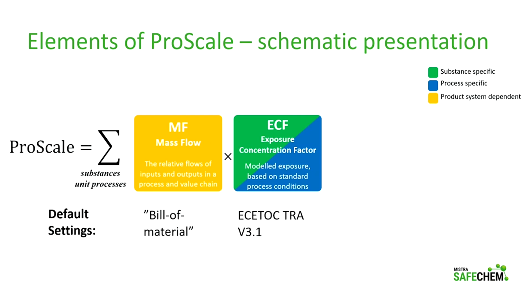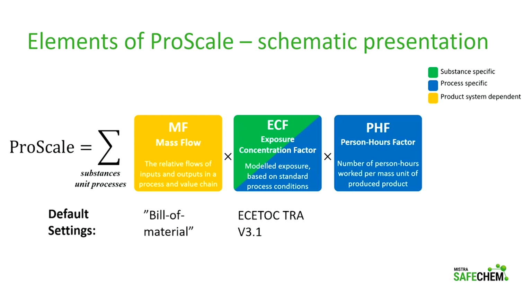So that's the European Center for Toxicity, which is essentially an association with many of the big chemical industries as members, and they have a tiered risk assessment approach, TRA, and we wanted to build on that because it's also accepted in the exposure scenarios that are mandatory to report under the REACH registration regulation.